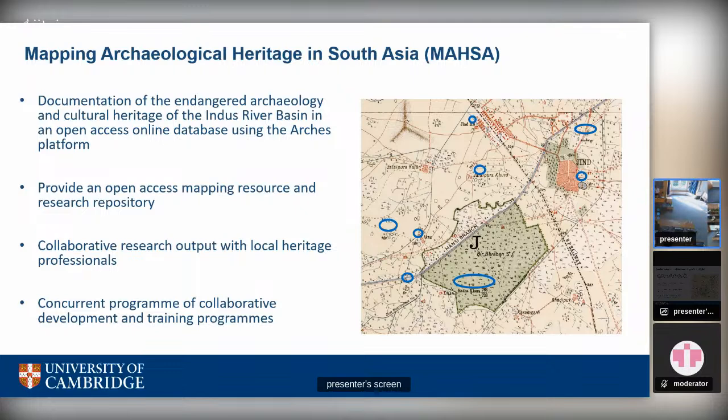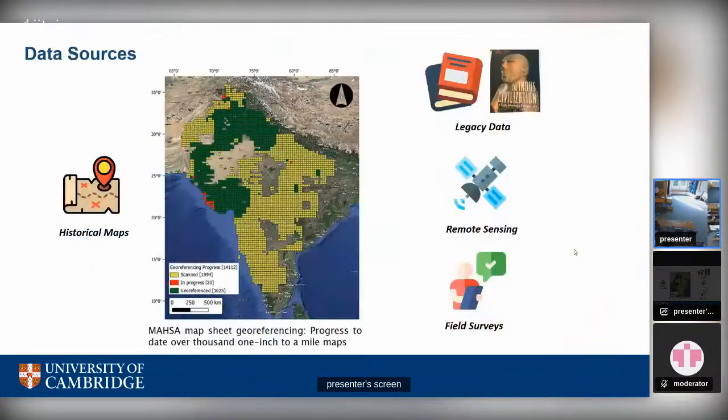Talking about the data sources that we are using to document all this archaeological heritage, one of the main data sources is historical maps. So we are using Survey of India maps that were developed as part of Britain's colonial presence in South Asia. These maps from the early 1900s have proved to be a very rich source of archaeological sites.